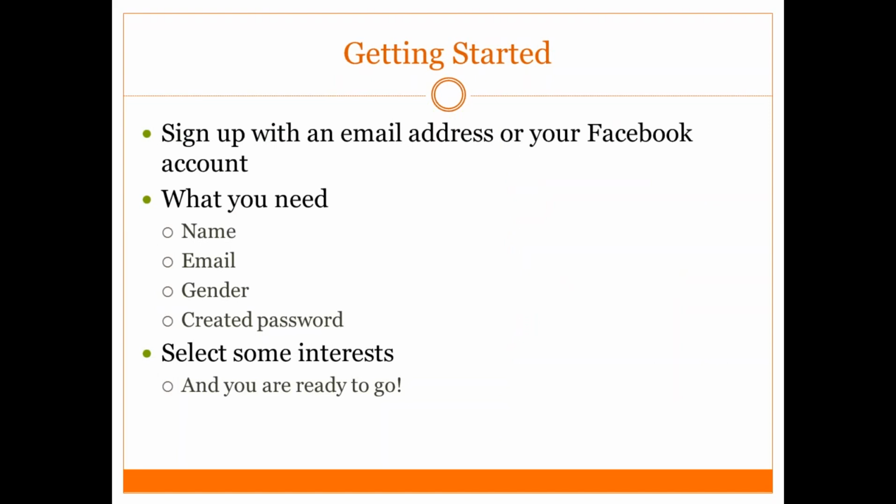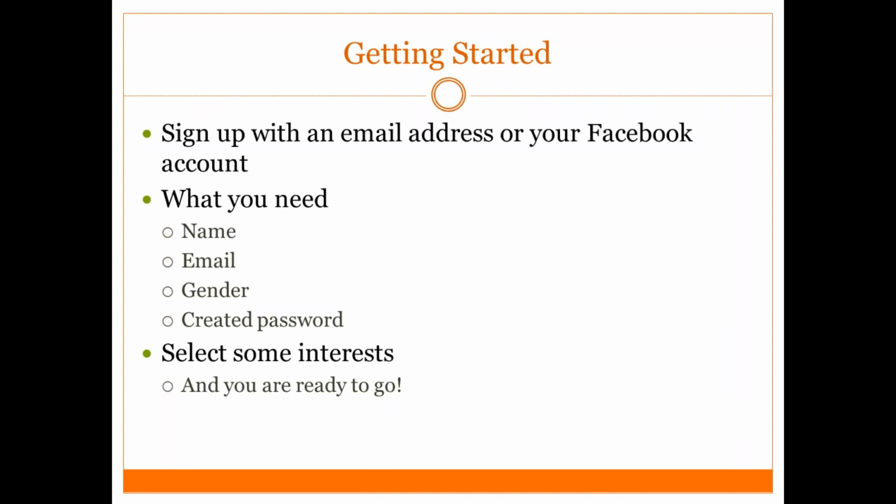So as I mentioned, you just need an email address. You'll find that a lot of social media kind of crosses over. Facebook is almost the most basic. So a lot of social media platforms allow you to use Facebook to sign up for other social media platforms. So you don't always have to put in all of your information over and over again.